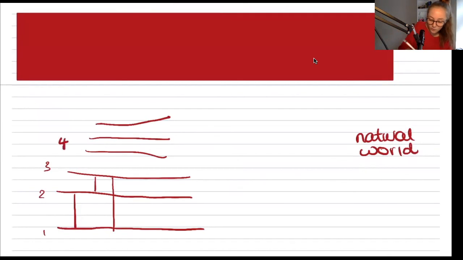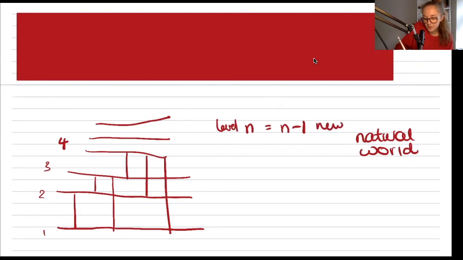At n is 4, we have 1, 2, 3, and all of these ones that have already been. So n is 4, we have 3 new emission lines, and I'm sure you can see at this point there's a pattern that for level n, we have n minus 1 new emission lines.